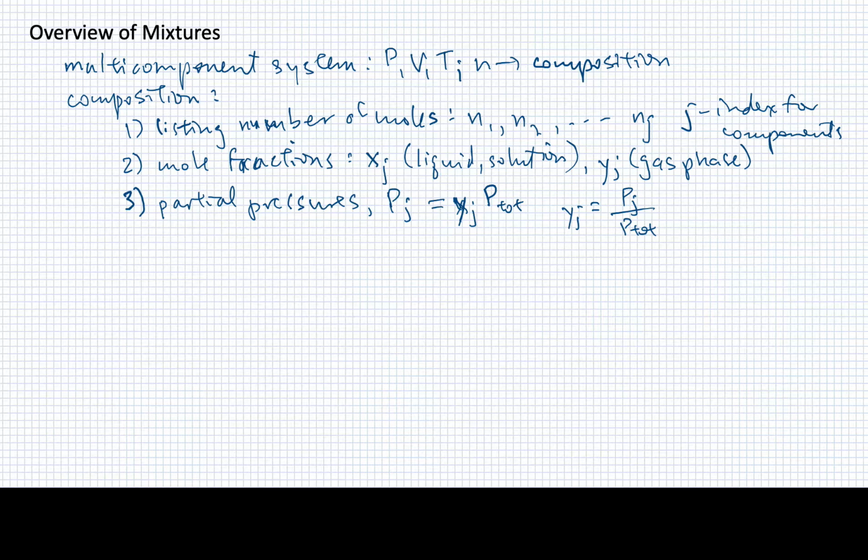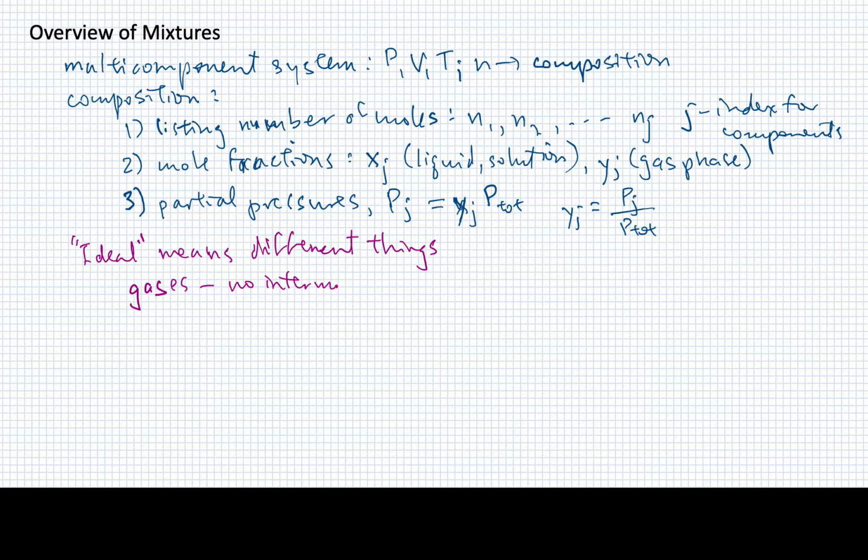Now, another distinction that I want to make is a distinction for ideal systems. The word ideal is going to mean slightly different things depending on what phase our system is in. So for example, for gases, I know that an ideal gas is one that has no intermolecular forces.